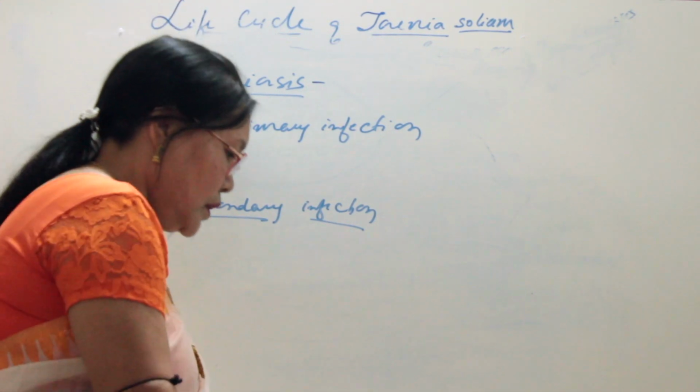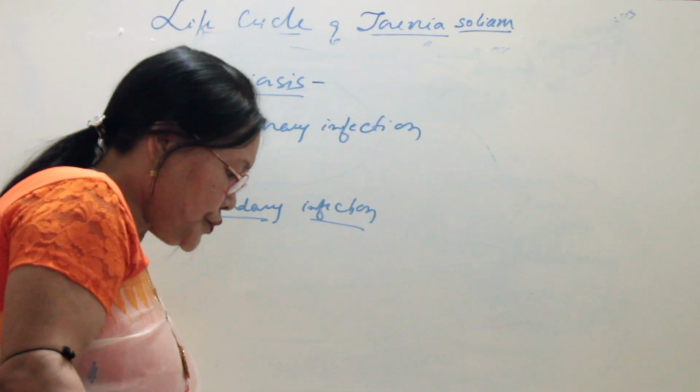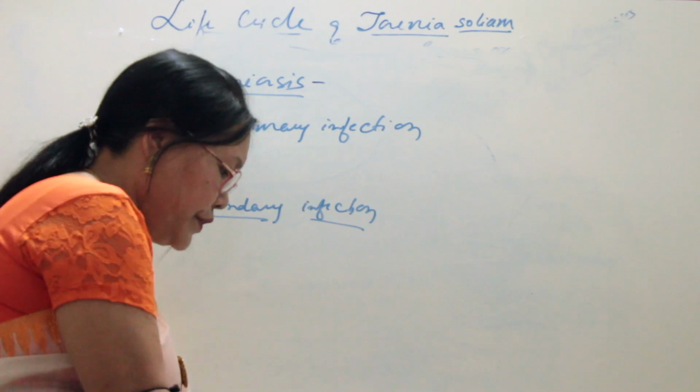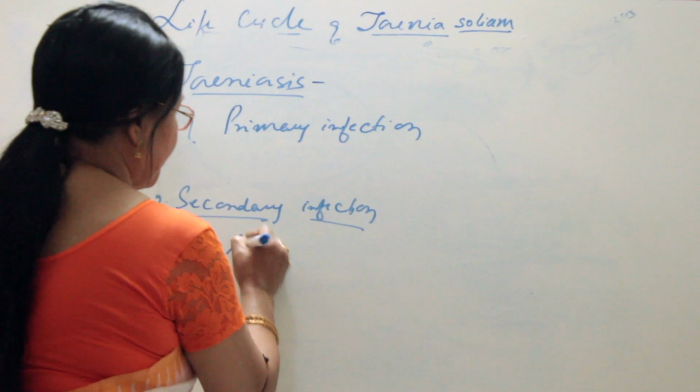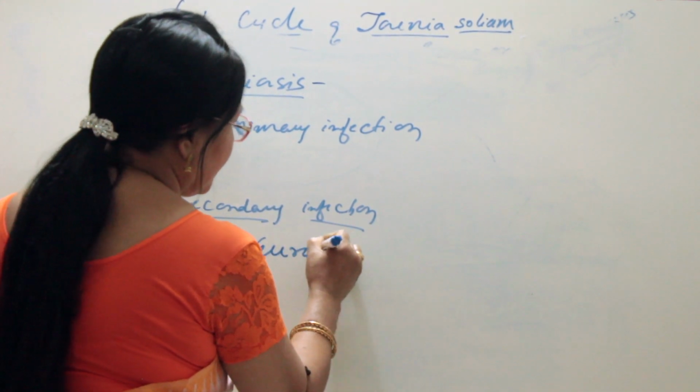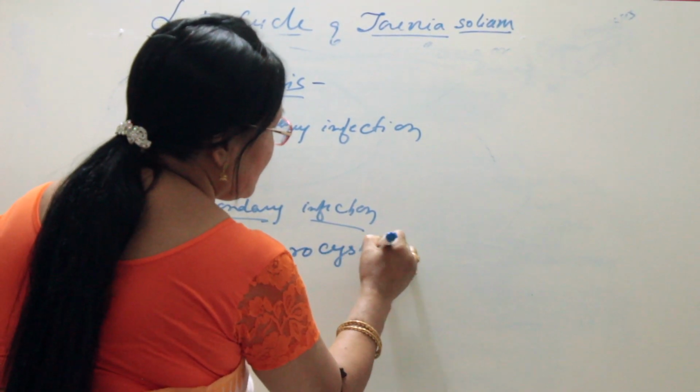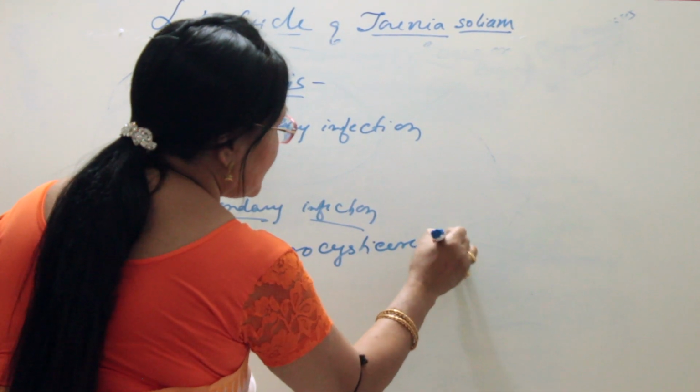So the disease which develops in the brain is known as neurocysticercosis.